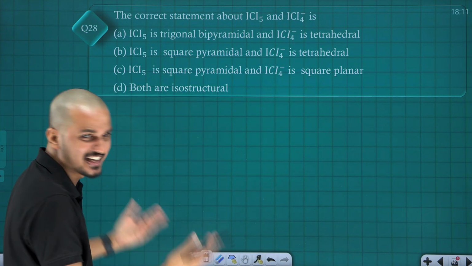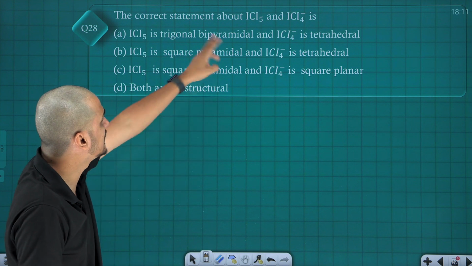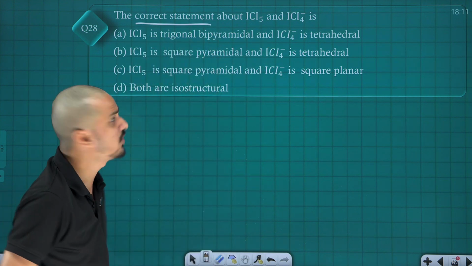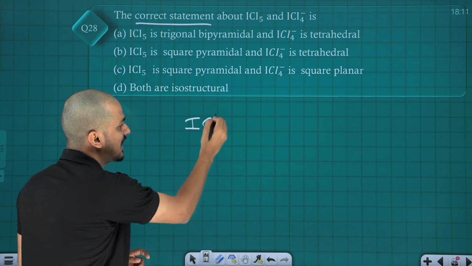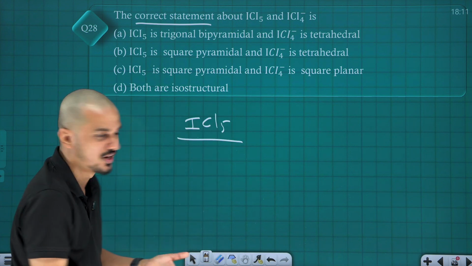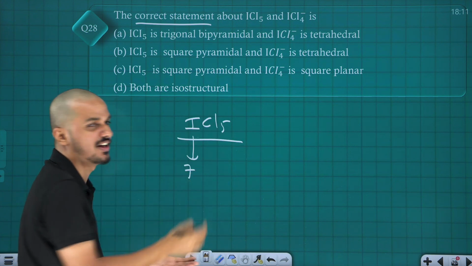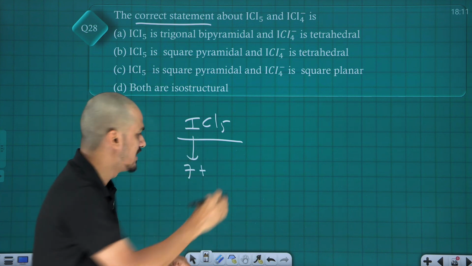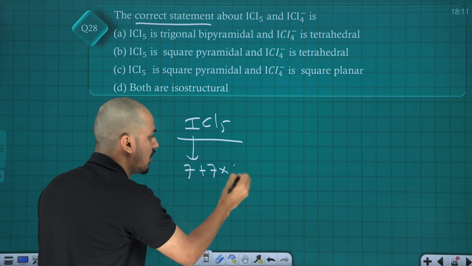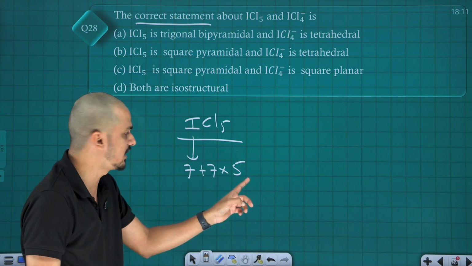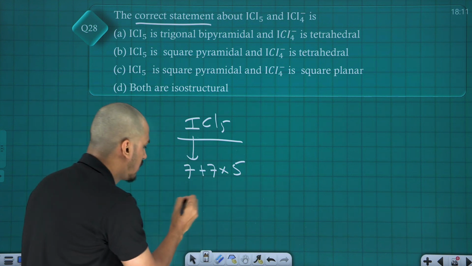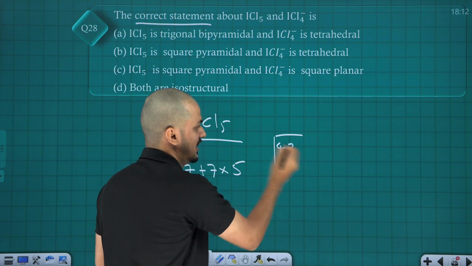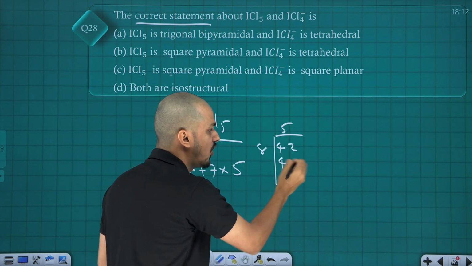Question number 28. Again with the same concept. ICl5 and ICl4 minus, the correct statement. For ICl5, how will we find out? Iodine valence electron is 7 because it is 17th group. Chlorine valence electron is 7, 17th group. 5 chlorine are there, so 5 into 7, 35. 35 plus 7, 42. 42 divided by 8, 5 8s are 40.